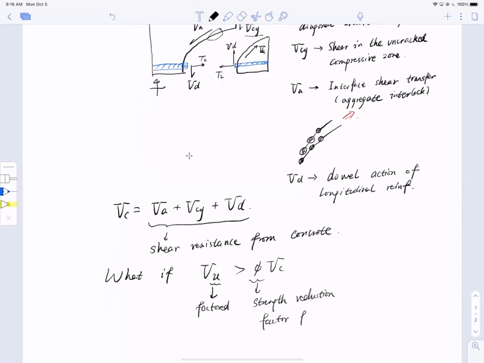If the applied shear is bigger than the design shear, what will happen? In this case, web reinforcement or shear reinforcement is needed.